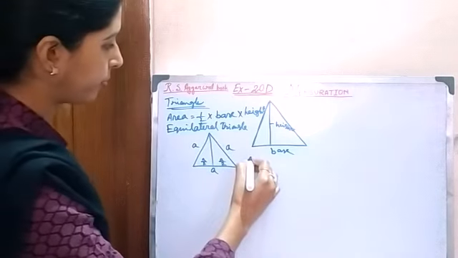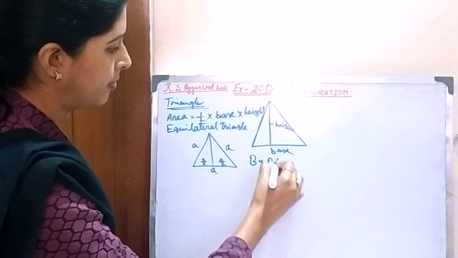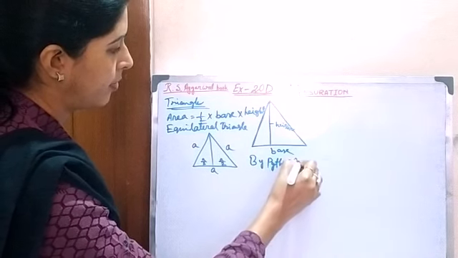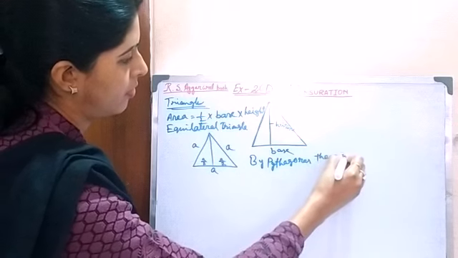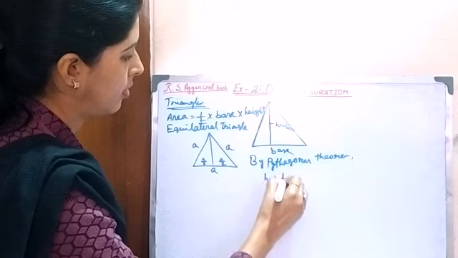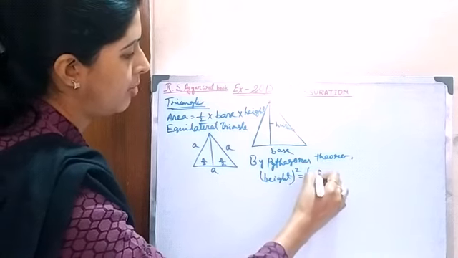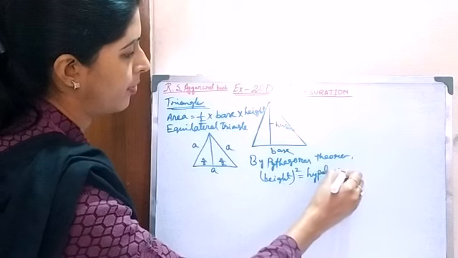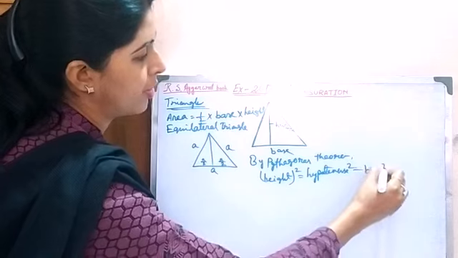So by Pythagoras theorem, height square equal to hypotenuse square minus base square.